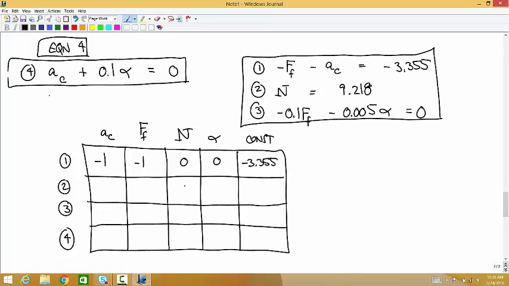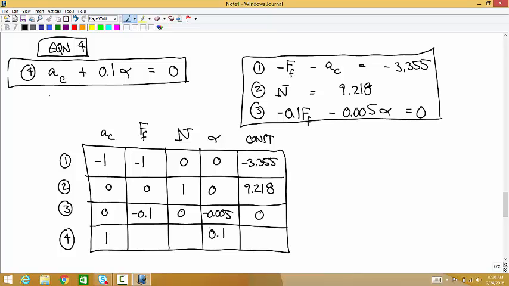Equation 2, n's, we have 1, no other variables, and the constant is 9.218. Equation 3, FFs, we have negative 0.1. Alphas, we have negative 0.005. No other variables, and the constant is 0. And then equation 4, we have ACs, 1.